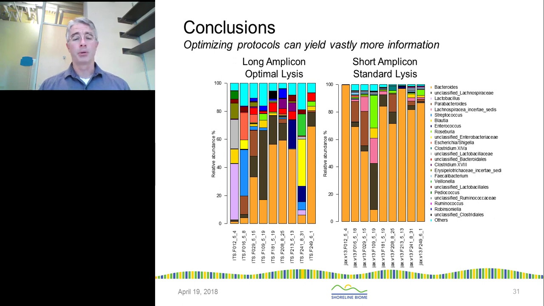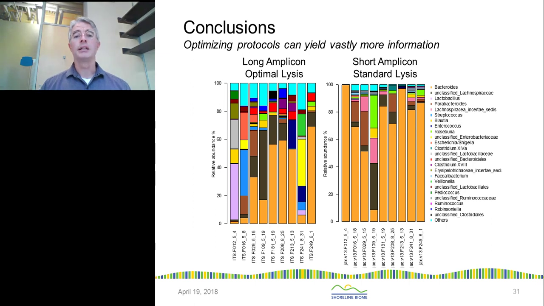So what do you get when you put it all together? On the right-hand side, what I'm showing is a short amplicon with standard lysis techniques. And what you can see is that for some of these samples, the first sample on the left and the third from the right, it doesn't look very interesting.